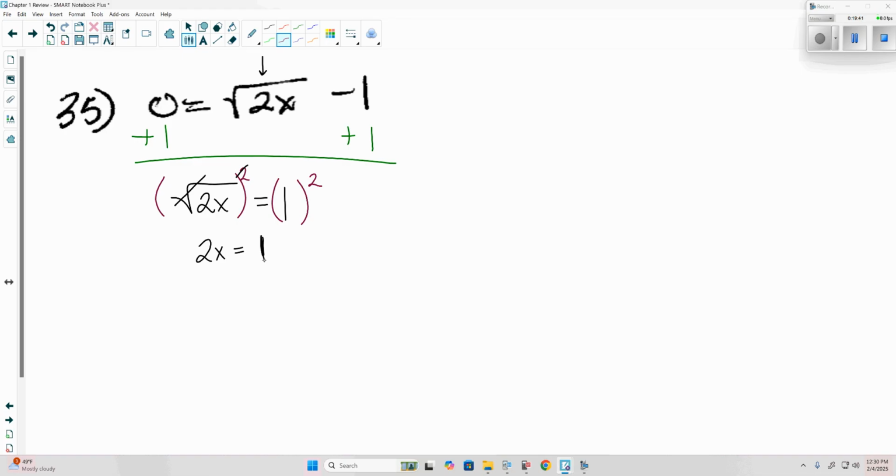Now we don't put plus or minus when we square both sides. We only put it when we take the square root of both sides. And lastly, we have to solve for the value of x. We can divide both sides by 2, telling us x is 1/2.